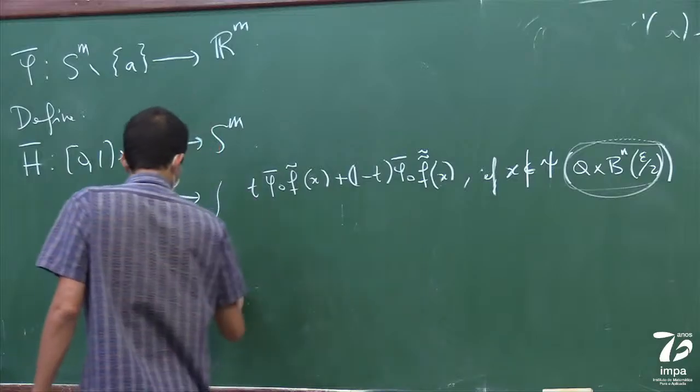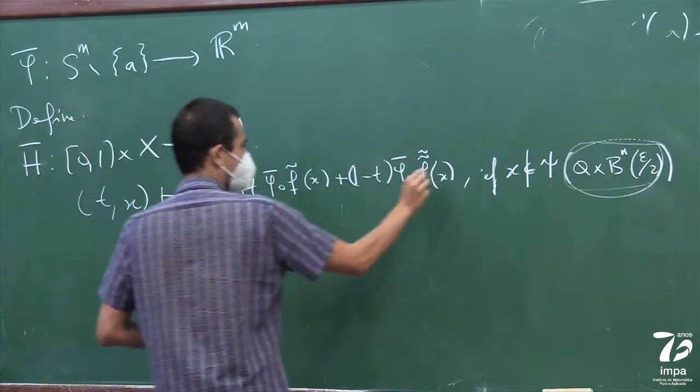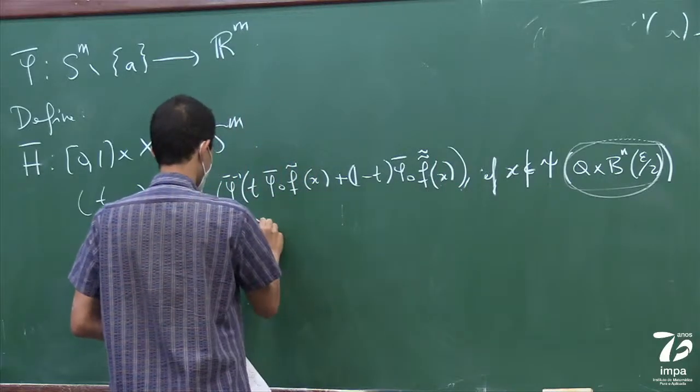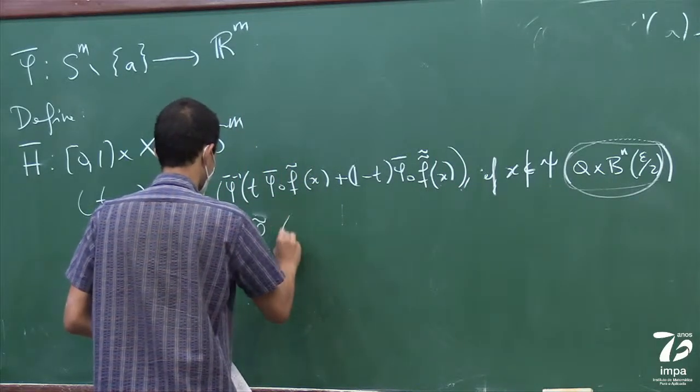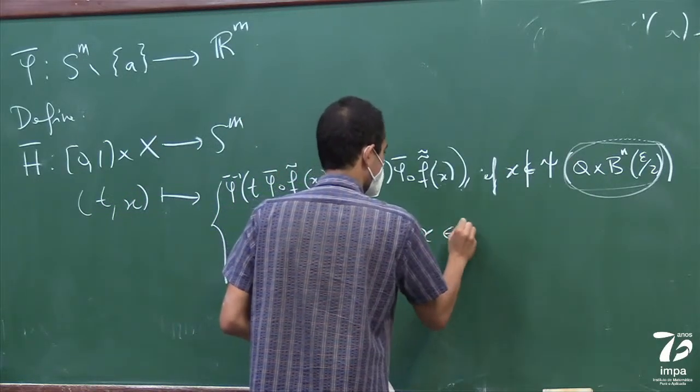Right, so then I have this, and of course I have to do the stereographic projection again. And then I just keep it equal to f tilde or f double tilde, they're the same, if x is in here.